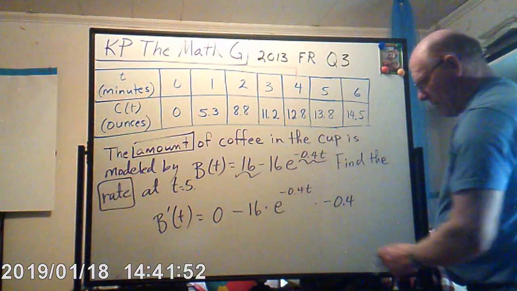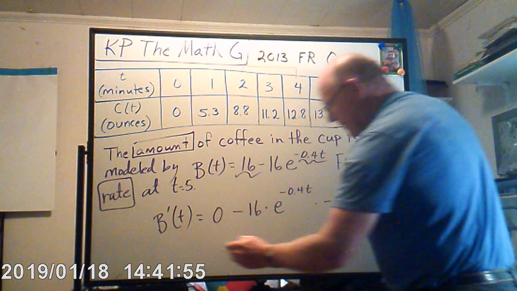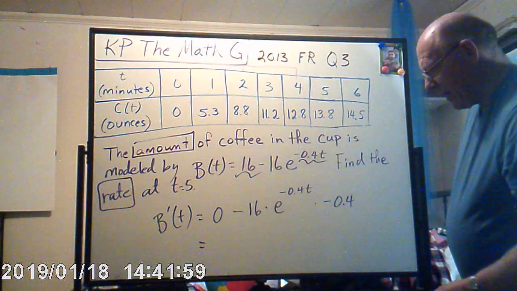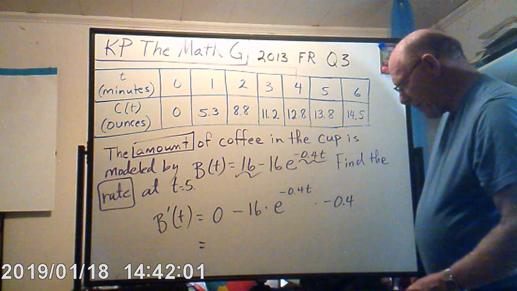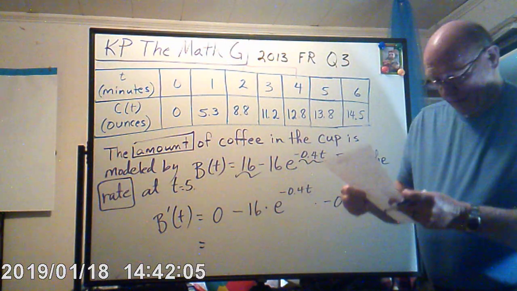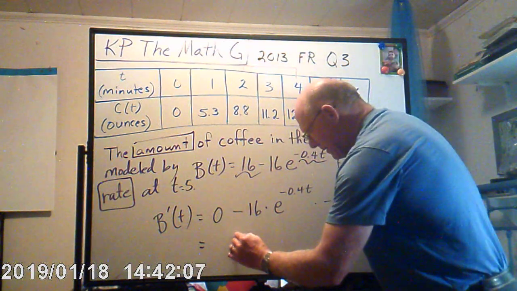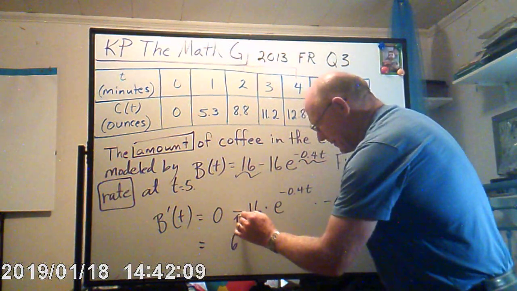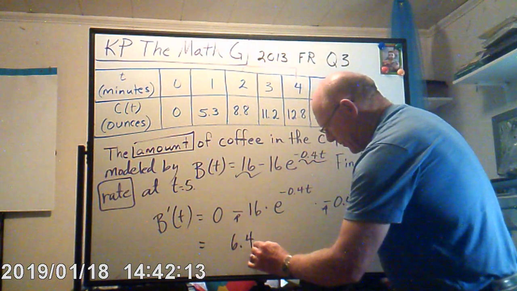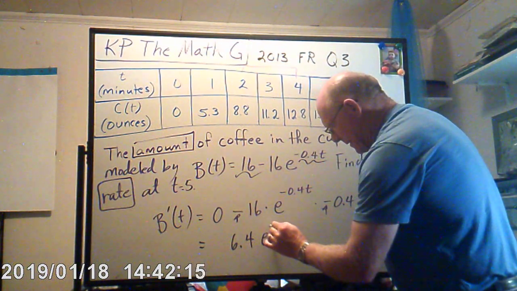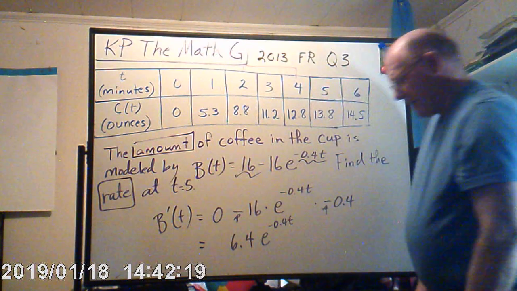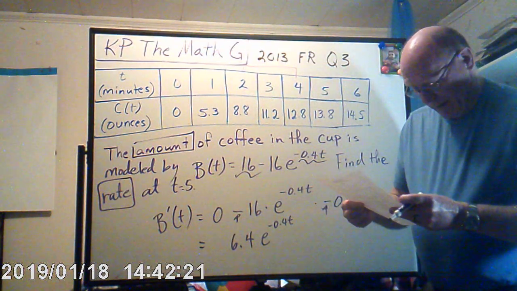And then when you multiply this together, I want to say you get a positive 6.4. Now, let's see, I'm thinking that's right. 6.4, a negative times a negative. Okay, 6.4 e to the negative 0.4t.